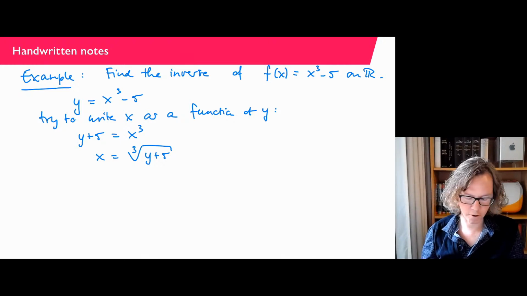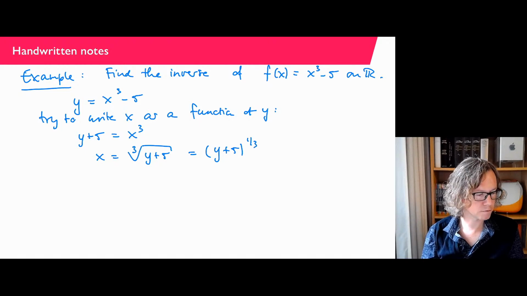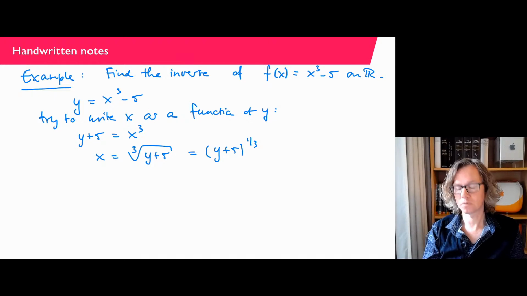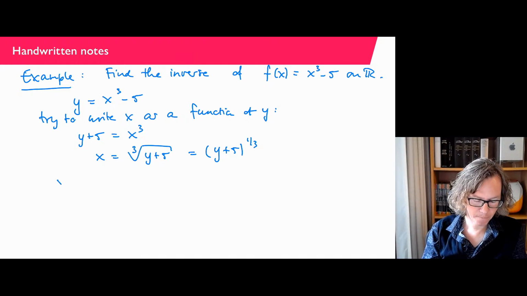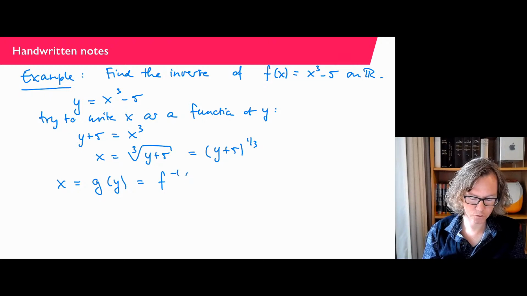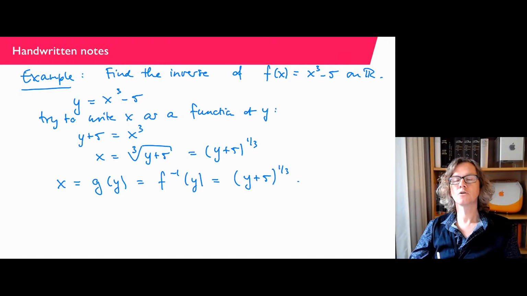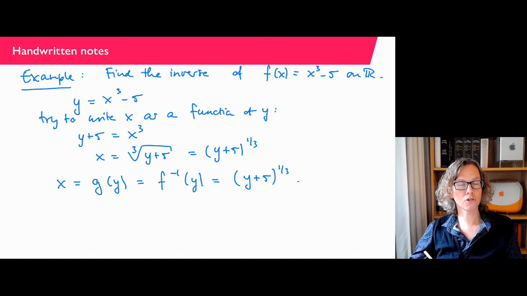You can also use this notation, (y plus 5) to the power 1/3. And this is basically the inverse function. So we have x = g(y) = f inverse of y = (y plus 5) to the power 1/3. Now we have achieved what I set as a goal initially.